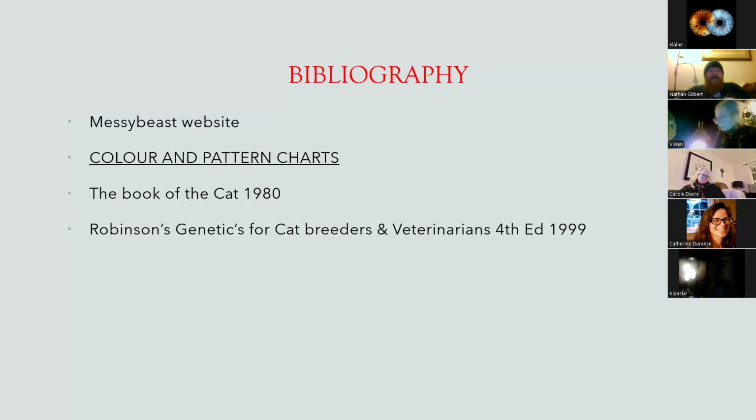And then the foundation for all of my genetic knowledge really comes from Robertson's Genetics for Cat Breeders and Veterinarians. But there are not many cat breeders who could pick that book up and just dive straight in. You really need quite a comprehensive base before you can really get a huge amount from that book.